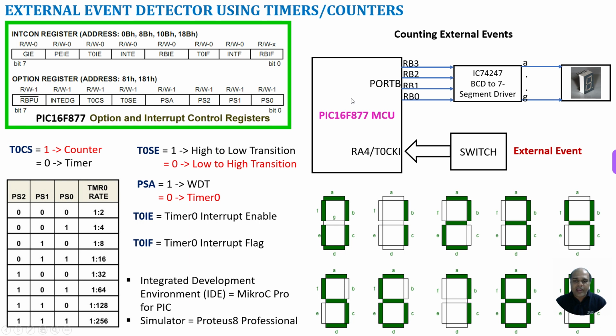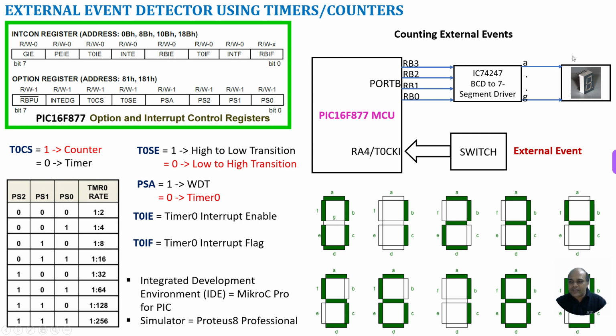Then that value, the timer register content, will be sent to a 7-segment display using the IC7447, which is a BCD to 7-segment driver. So how many events have occurred, we can visualize using this 7-segment display.